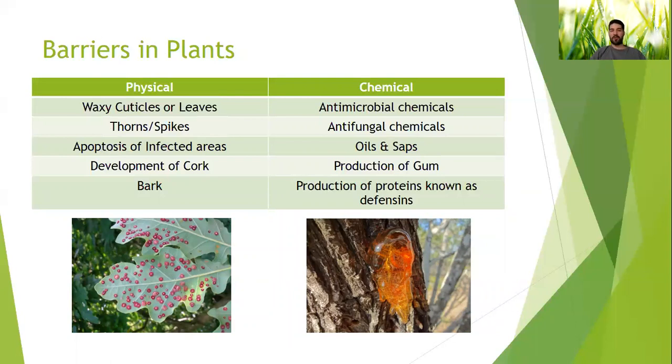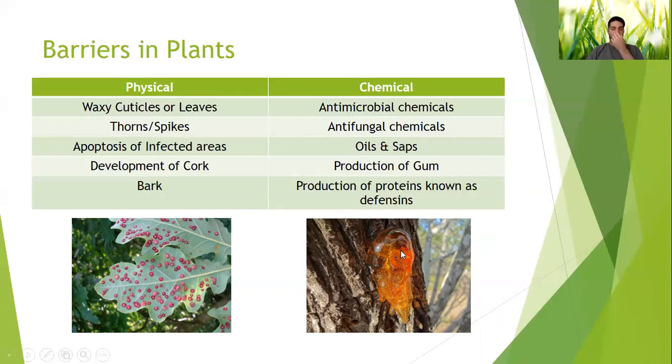Development of cork, which is sort of like a filling, as well as bark, so that hard exterior outer layer of plants as well, is a way to stop pathogens from entering. For chemical barriers, plants actually produce antimicrobial chemicals, which stop bacteria from growing, as well as antifungal chemicals. They've got things like oils and saps.